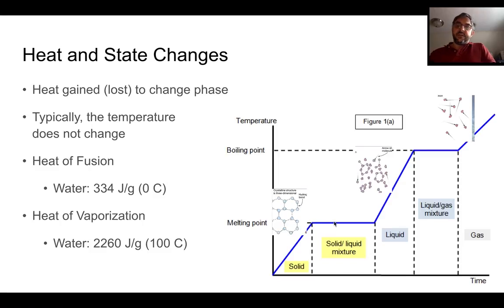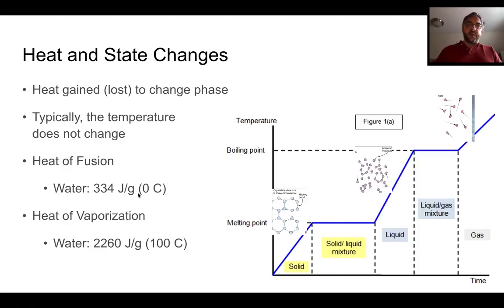We hit the melting point of water, 0 degrees Celsius, and now we start breaking the bonds between the water molecules. The hydrogen bonds between the water molecules get broken. The water molecules start to move around independently, but it takes energy to break those bonds.